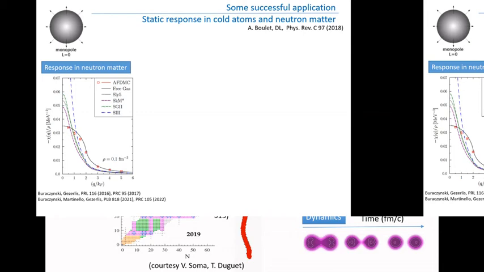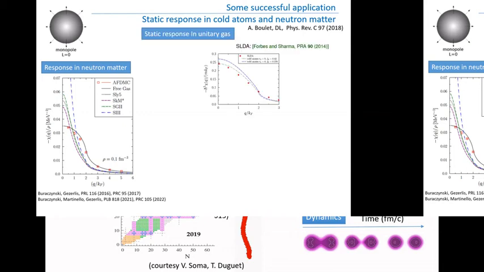So we tried to see whether our functional can do better than this. And we started with, so we didn't adjust this for cold atoms. So we also took a result from the superfluid local density approximation of Forbes and Sharma. So this is a point. And we just did the same with our functional.